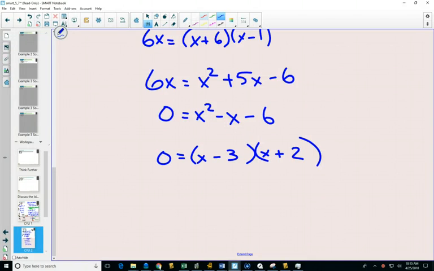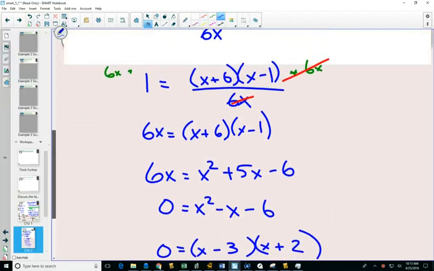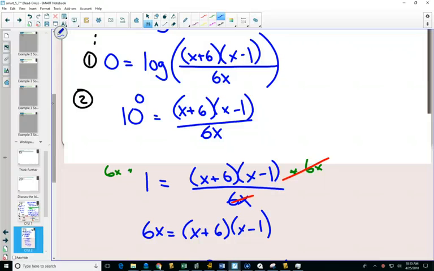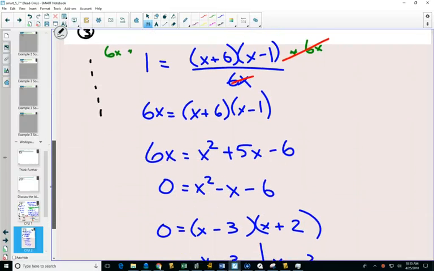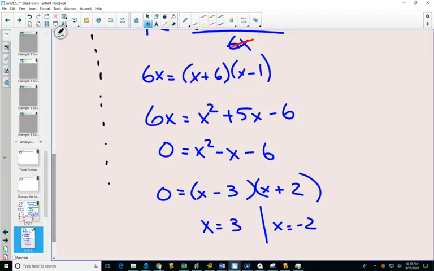Wow. And so x is equal to 3, x is equal to negative 2. Look at all of this, from here all the way down to here, with step 3, solving for x. But it all used stuff that we've done in the past, which is nice.